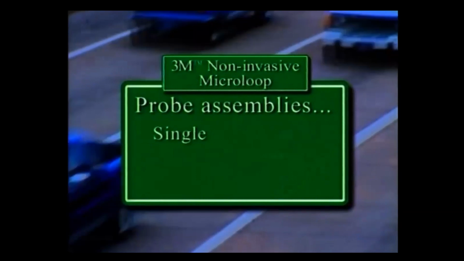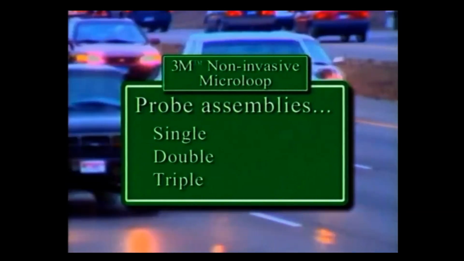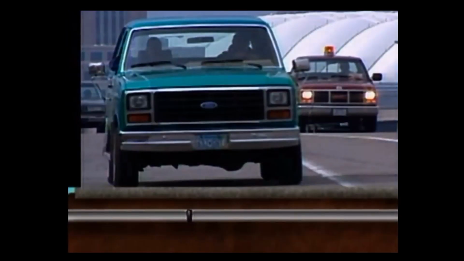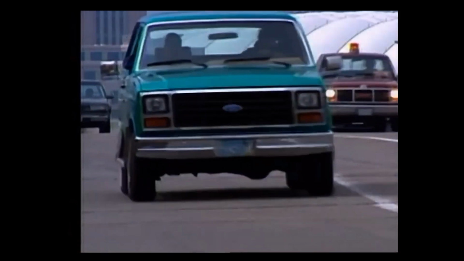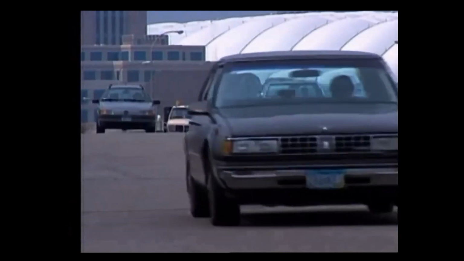You can use single, double, or triple probe assemblies and connect 1 or 2 probe assemblies to the same home run cable. The system also makes it easy to reposition or readjust the placement of the probe to improve vehicle sensing accuracy or to reflect changing traffic characteristics in permanent installations or work zones. Attach the lead-in to the home run cables.